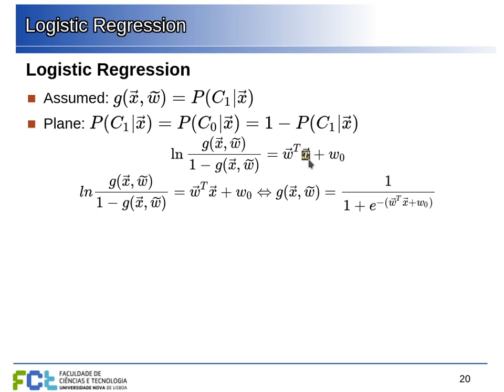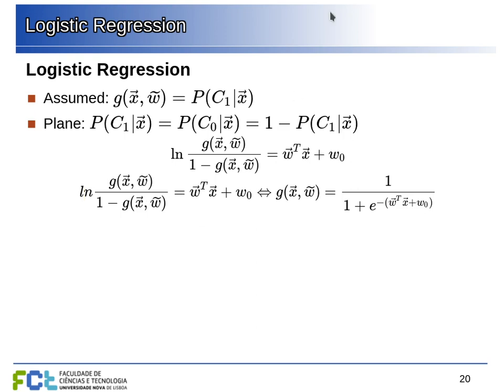If the point falls exactly at the discriminant, this expression is 0, and we have the same probability on one side and the other. When this expression is 0, this fraction here will be 1 and the logarithm will be 0.